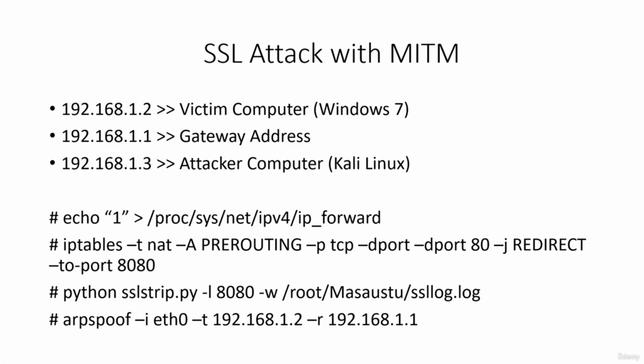Then the attacker should start arpspoof, as you can see, this tool, to get the man-in-the-middle connection. This will get you all the traffic in this man-in-the-middle connection. At that point, the SSLstrip tool is sniffing the connection between the computer and the web server.